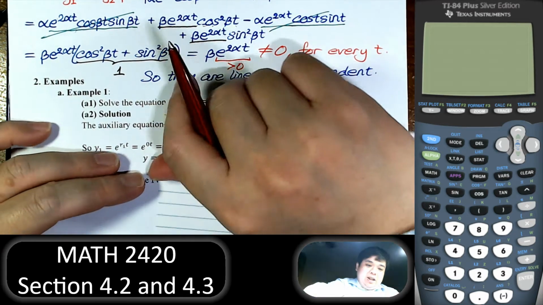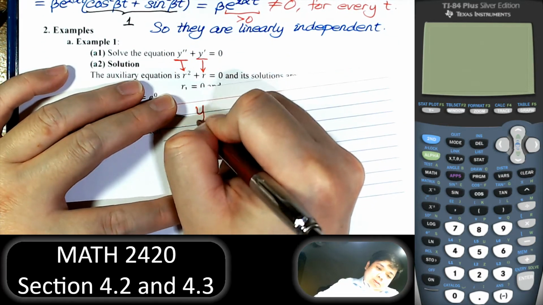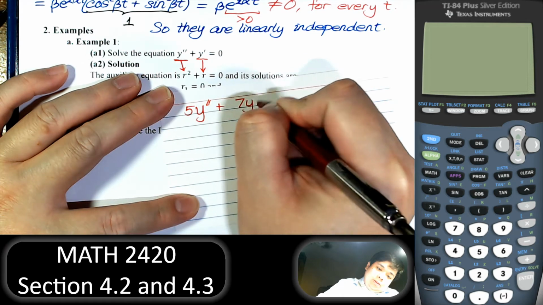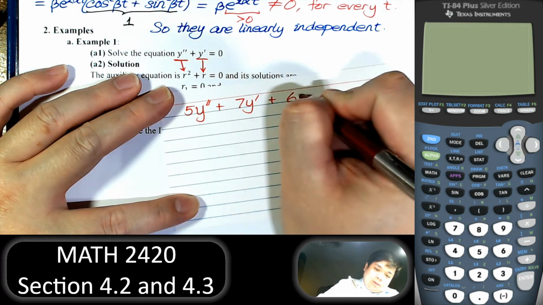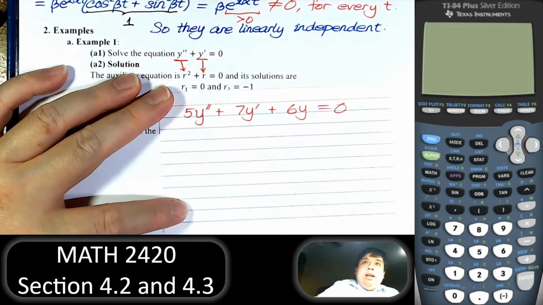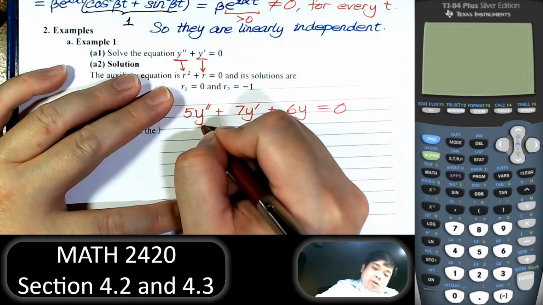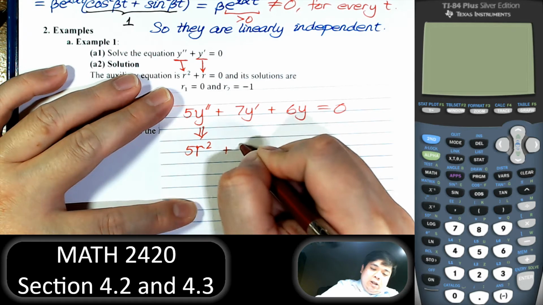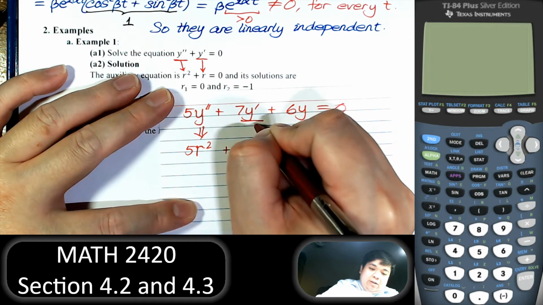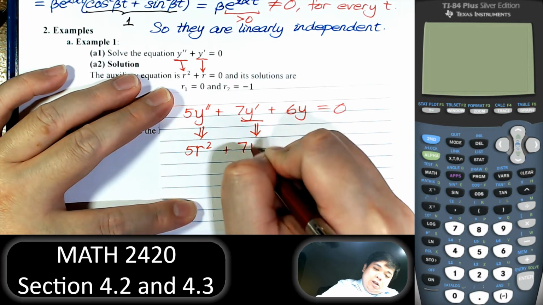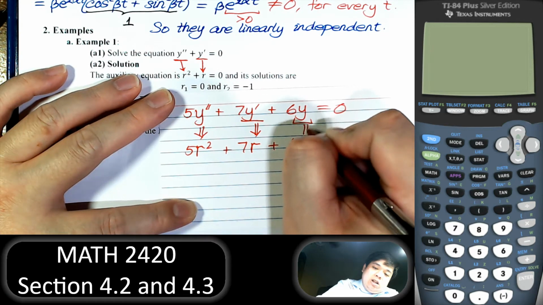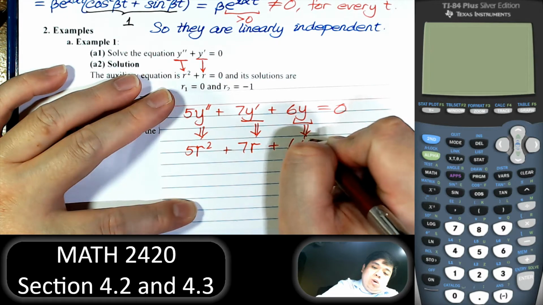So if this is the equation, second derivative turns into r squared, the derivative turns into r, and the function turns into 1.